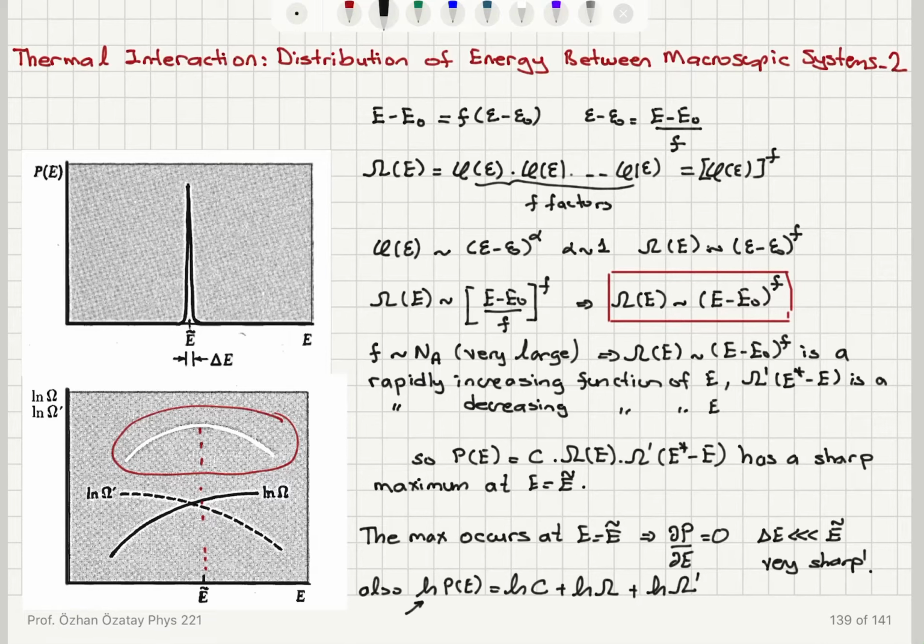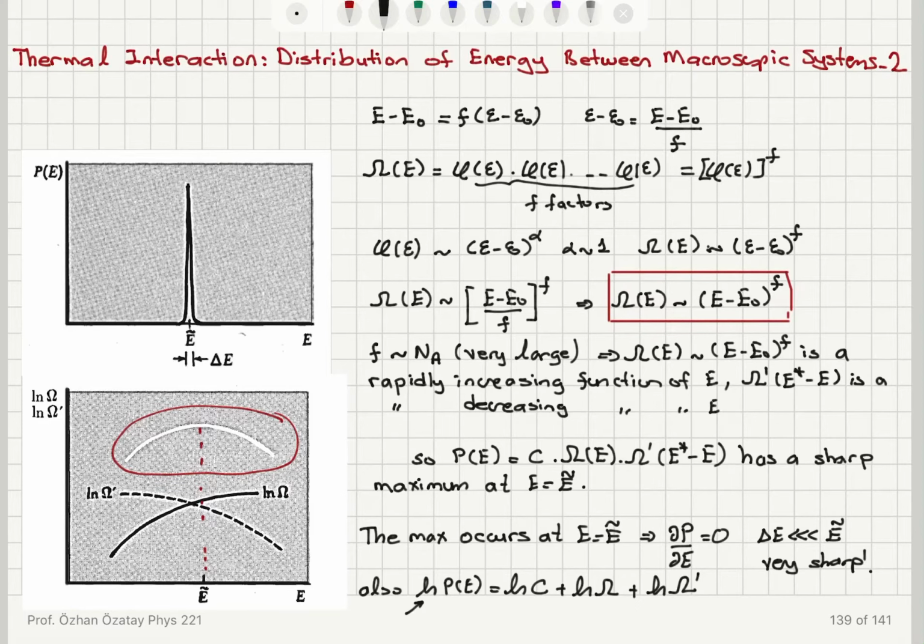The number of values a quantum number can take depends on its energy. If the energy is the lowest possible energy, there is only one quantum number value. As the energy increases beyond the ground state energy contribution epsilon 0, the values it can take increases accordingly, and more or less linearly. So the number of accessible states is proportional to epsilon minus epsilon 0, the contribution to energy from each quantum number, to the power f, the number of degrees of freedom.